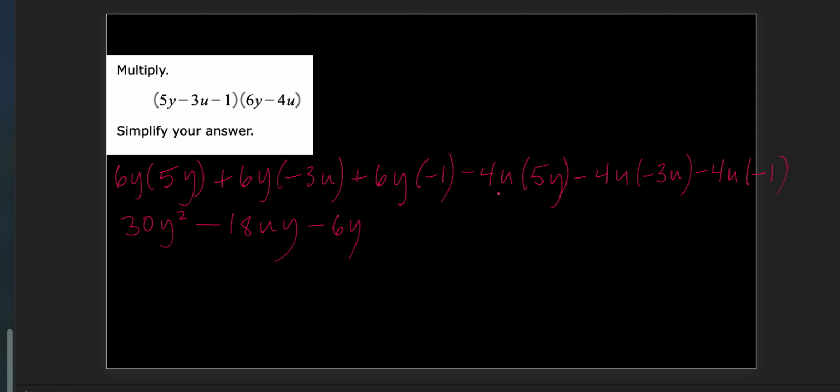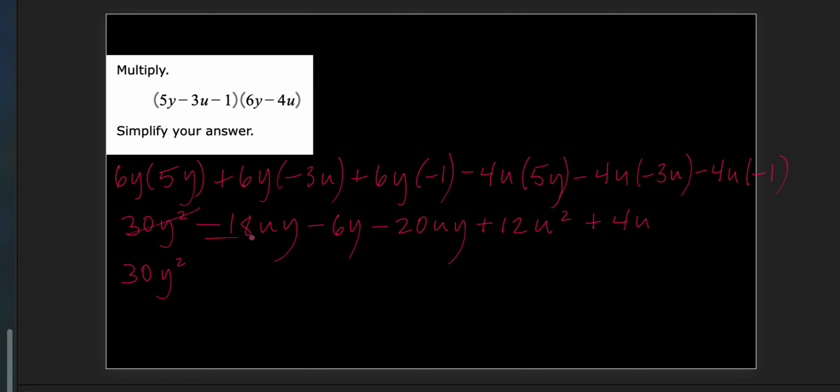And then we have negative 4u times 5y, which is negative 20uy. Then we have negative 4u times negative 3u, so that's a plus 12u squared. And then we have negative 4u times negative 1, that's plus 4u. Now I look for like terms. So it looks like this y squared term is by itself.